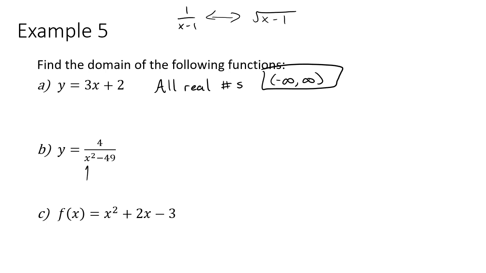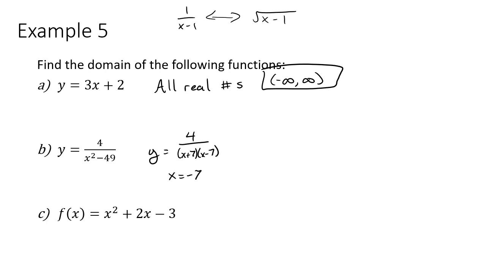Part B, on the other hand, we have an x in a denominator. So now we have to be a little bit more worried. So we've got y is equal to 4 over x squared minus 49, which if you want, you could factor into x plus 7 times x minus 7. We don't want to divide by 0. The two x values that would cause you to divide by 0, and remember, you can always set the denominator not equal to 0 and solve it as an equation if you're having trouble seeing it.